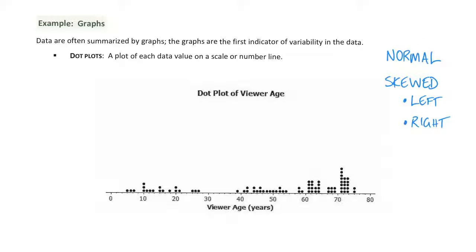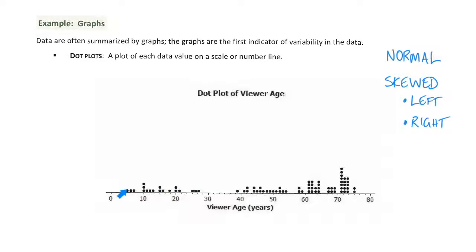If you look at this data, I want you to notice that most of the data is over here on the right-hand side. I do have some data points down here that are kind of out here, but most of the data is over here. So this has what we call a tail.